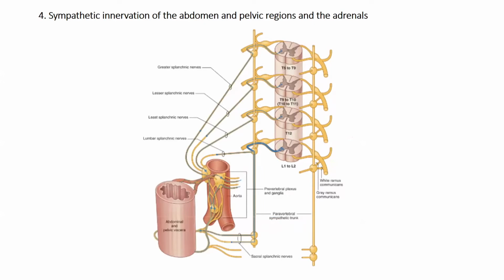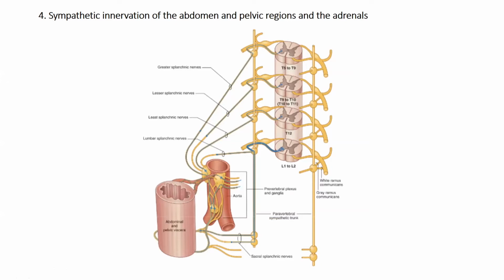the sympathetic innervation of the abdomen, pelvic region, and adrenal gland. This preganglionic sympathetic fiber has the same usual pathway. It goes to the spinal nerve, then to the sympathetic trunk via the white communicating branch, or white ramus communicans, and then it can go upward or downward, and it doesn't synapse inside the sympathetic ganglion.